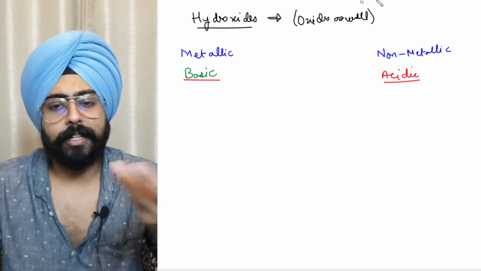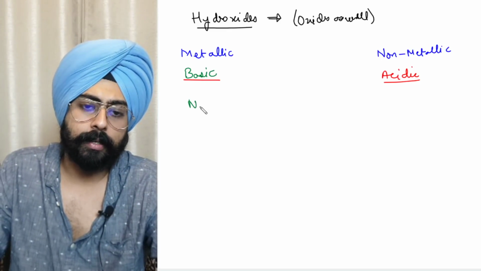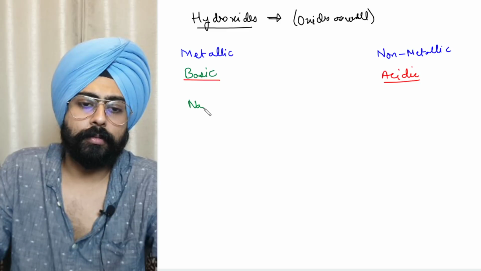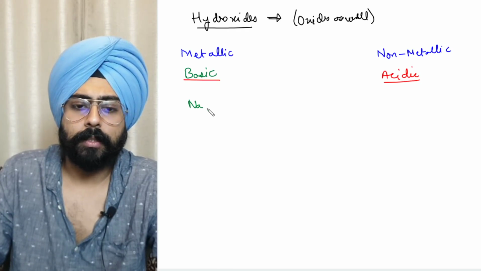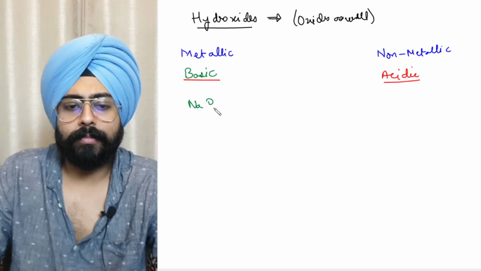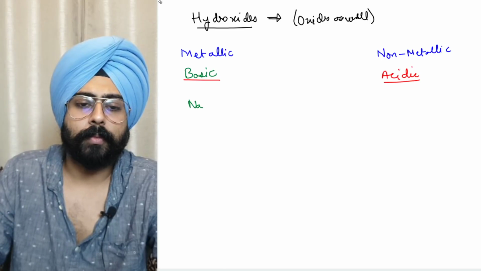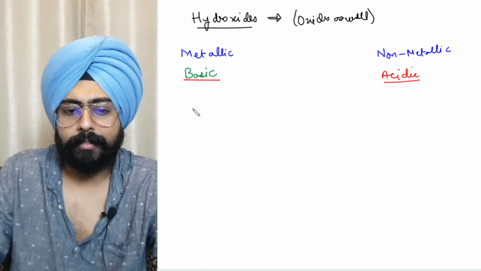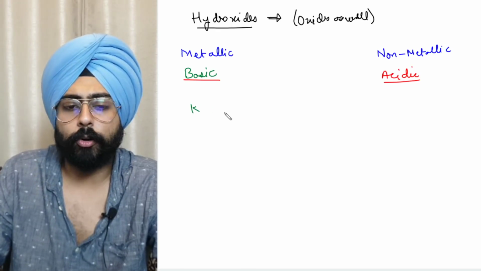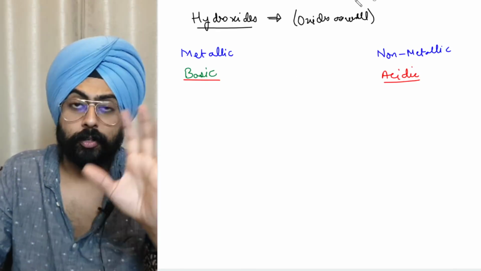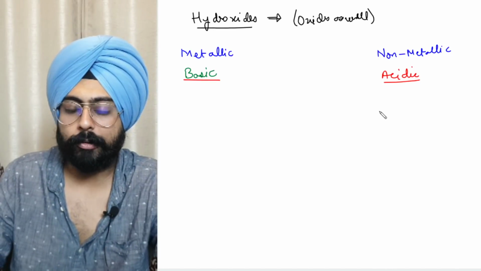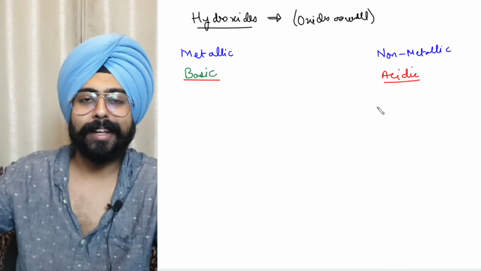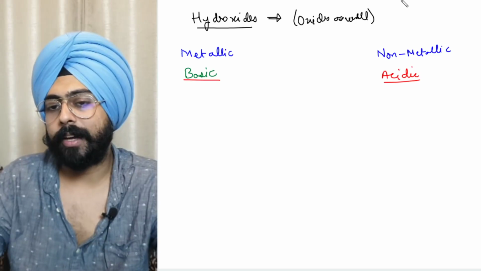So hydroxides, oxides will be something like Na2O, and you could also have lithium oxides. You could have peroxides like KO2. What are peroxides? We'll deal with that later in inorganic chemistry. Inorganic chemistry is a vast science.